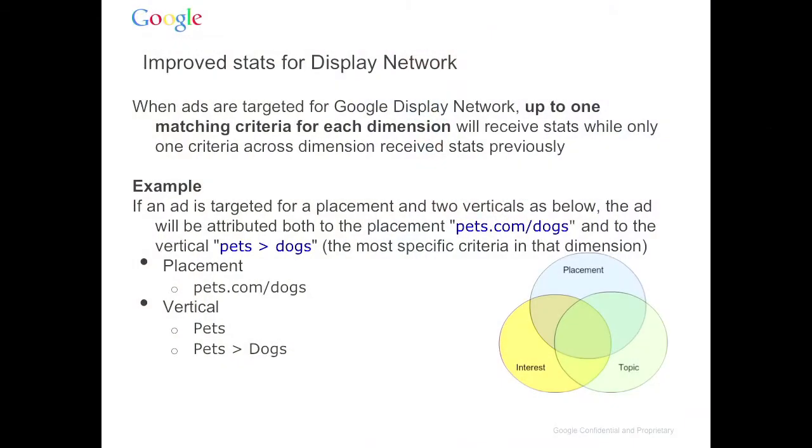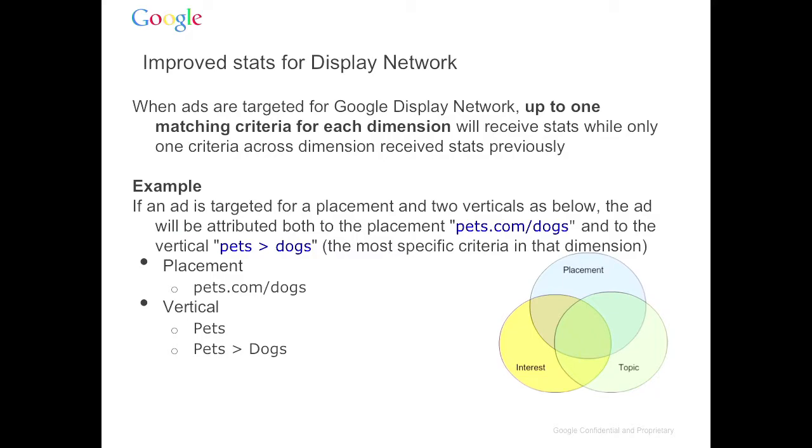So let's dig into what are the changes specific to the display network. This is a change that has already been rolled out to the UI. You might know it already. You might understand what the concept is. But it's basically we're changing the way in which we are matching your impressions to your criteria in the display network.